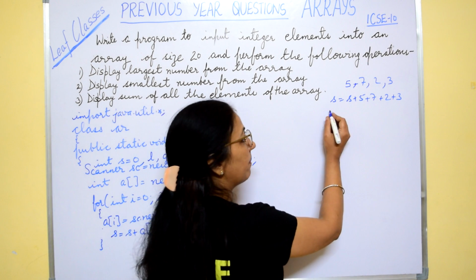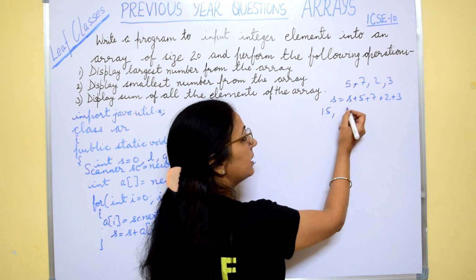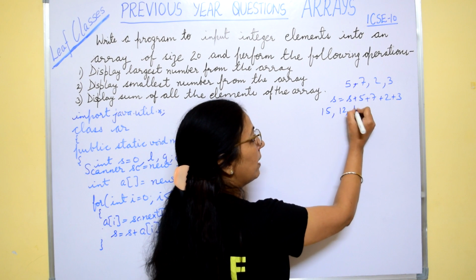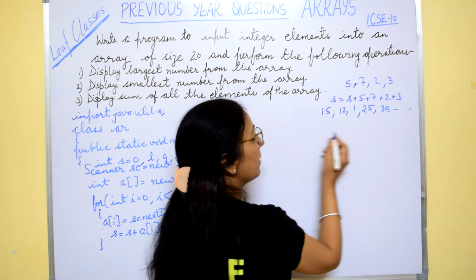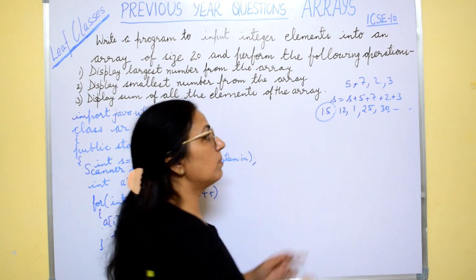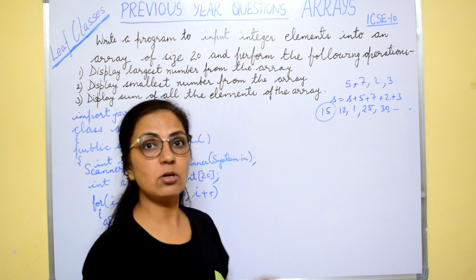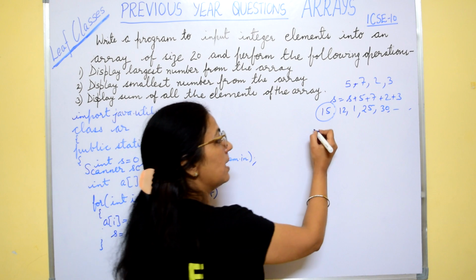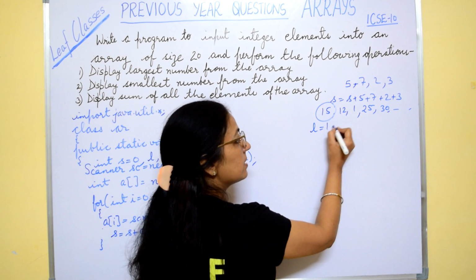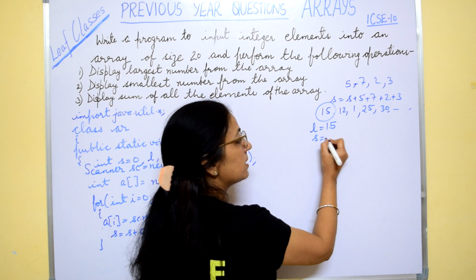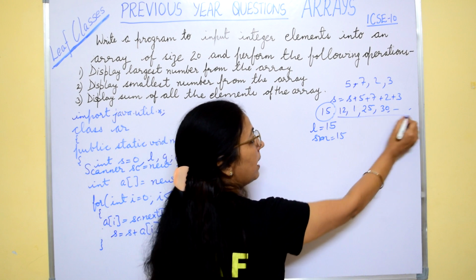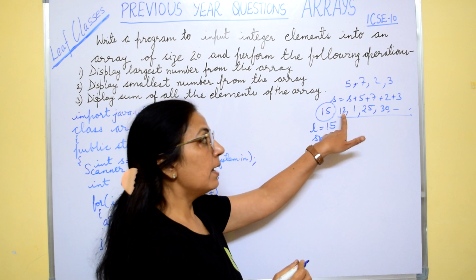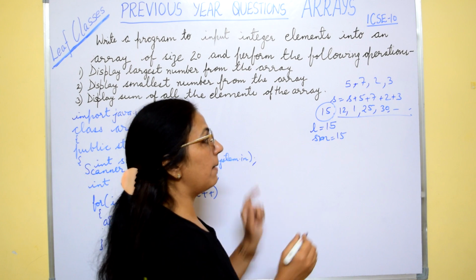Let us take the example. Suppose the numbers entered in the array are 15, 12, 1, 25, 30, like this. In the beginning we will assume that 15 is the highest and 15 is also the smallest. Say largest is 15 and smallest is also 15, and from here every time you will check the next number and compare it.